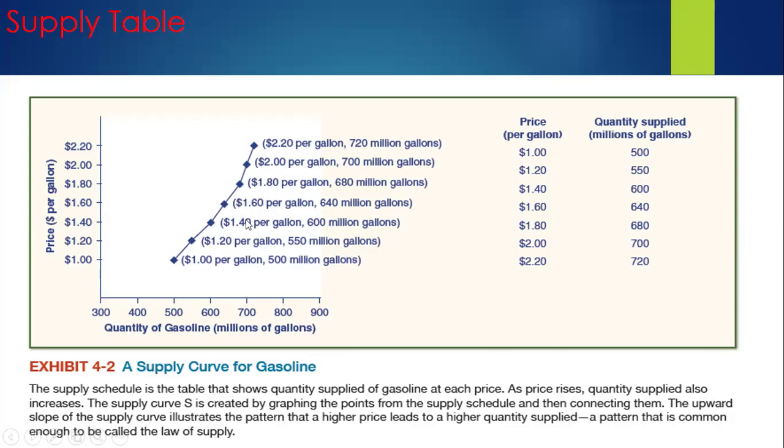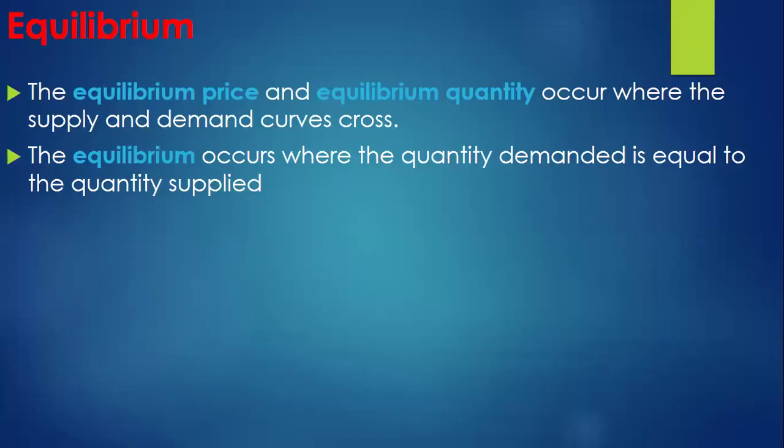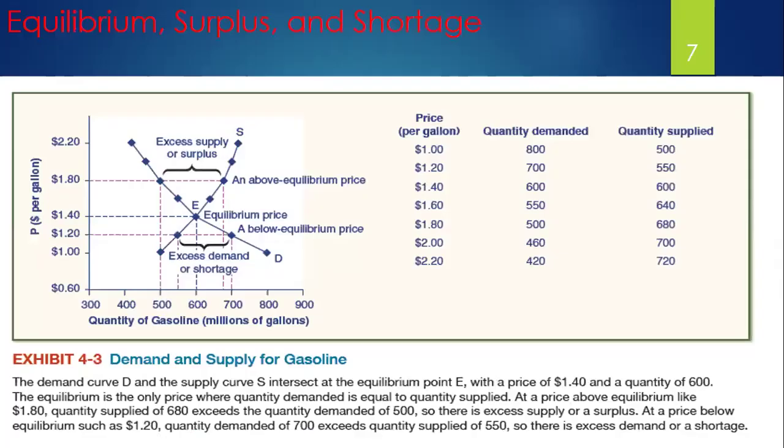Now, what happens in the next slide here? I have something called equilibrium. Equilibrium comes from equal. So what would that mean? Equilibrium price is a point at which, here, it's $1.40, the quantity demanded and quantity supplied are equal, which is 600.